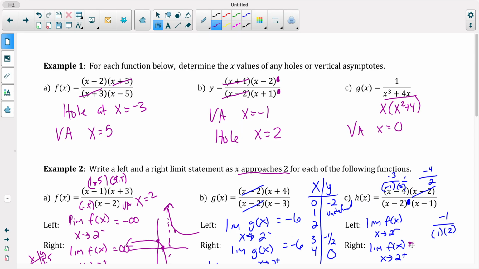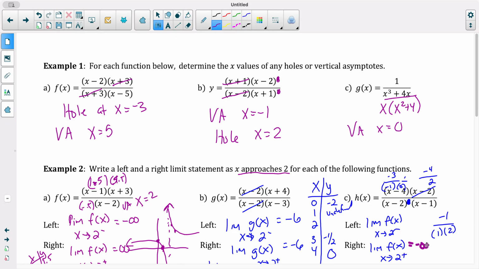Now, this presents an interesting challenge because it has 2 vertical asymptotes, and I need to know which way it's going in between them. So I'd have to put in a couple of numbers between 1 and 2, like 1.5, 1.25, just some decimals, to see if the numbers are getting bigger or smaller going towards 2.